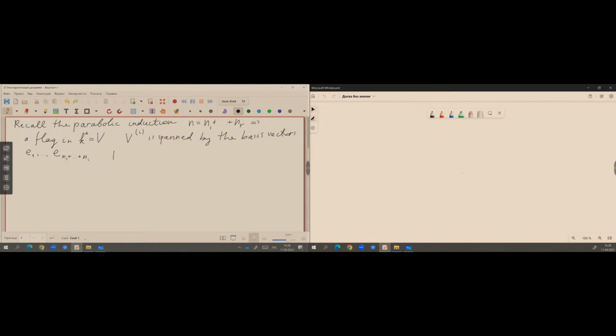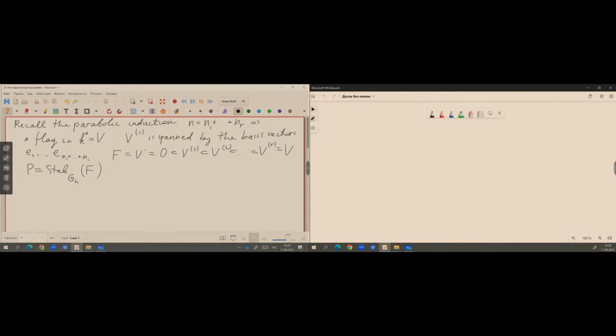The flag F or maybe V. This and the parabolic subgroup P is the stabilizer in our group GLn of this flag.